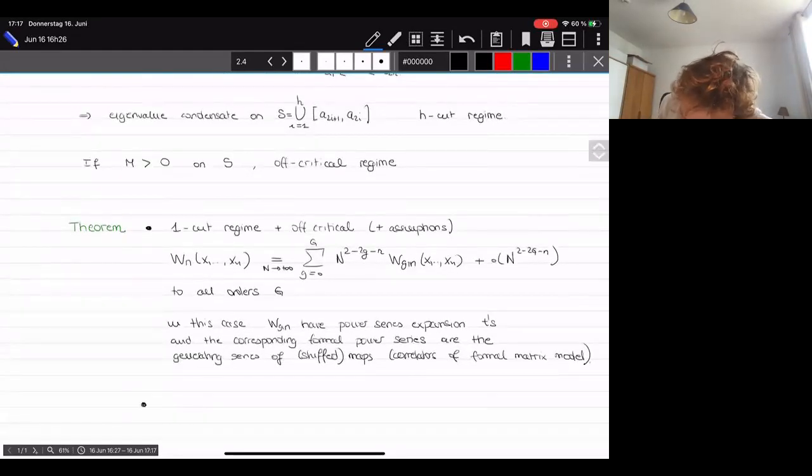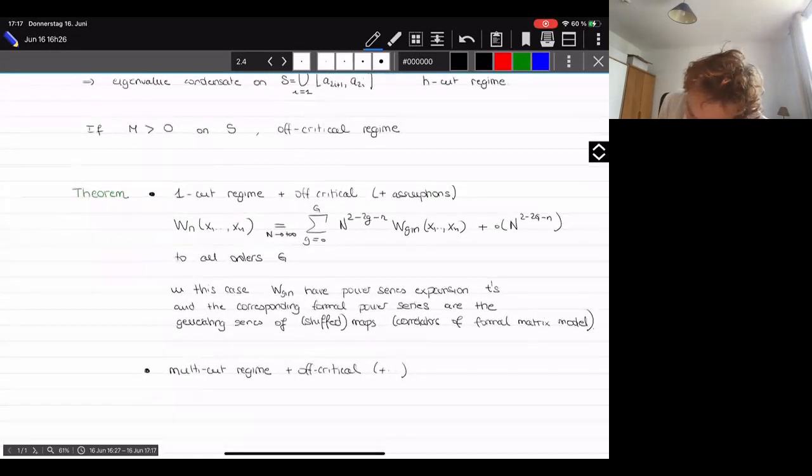But if you're in a multi-cut regime and you're still off critical, plus other assumptions, then this is wrong. There are oscillatory terms.